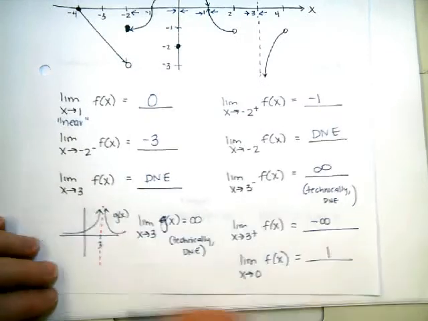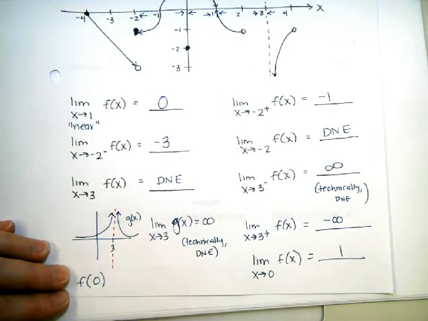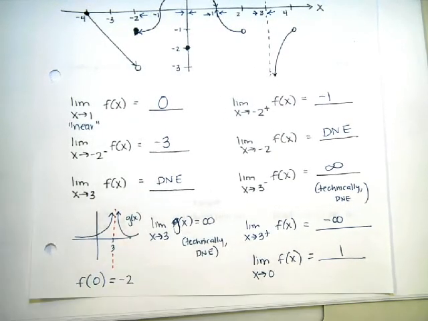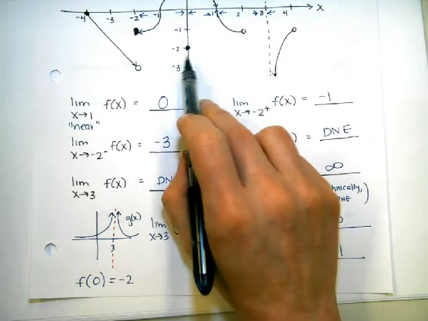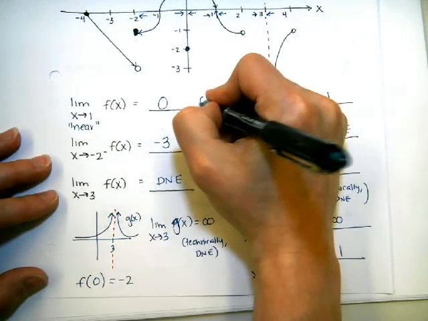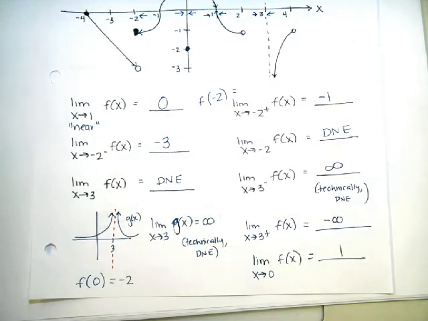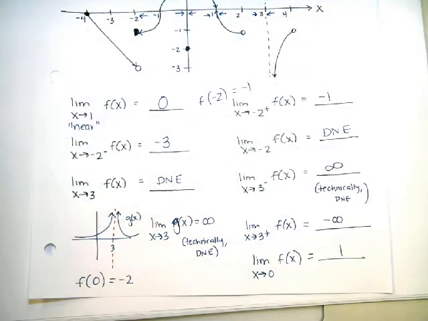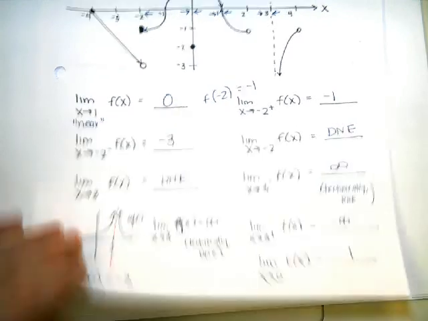Now, if I started asking f values, like f of 0 is negative 2, right? That's this point right here. f of negative 2 is negative 1. Okay? But in the case of limits, none of that really matters. Okay? We'll talk about something called continuity next week, and then those will start to matter a little bit more. Okay, we need to move forward.